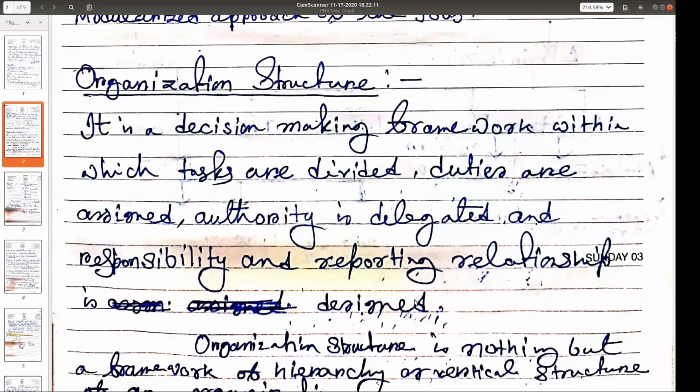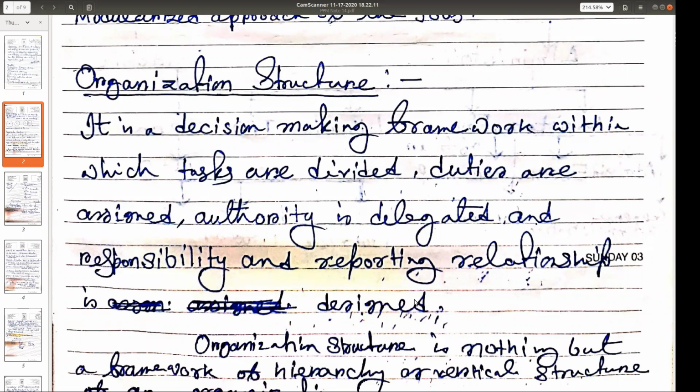That means it's a basic framework within which we have divided our tasks, our duties, we have assigned the responsibility, we have defined the authority, and the most important, the reporting relationship.